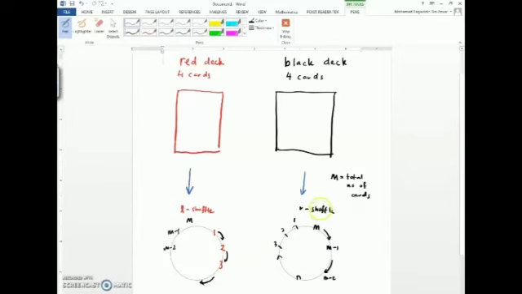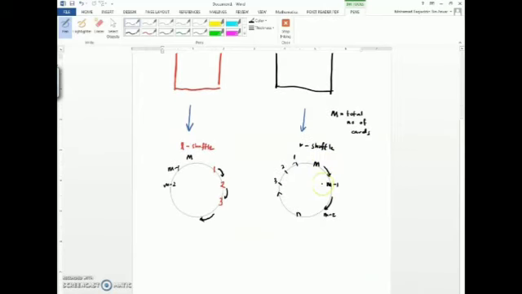If you still remember what we did in the trick, we shuffled it 11 times. So the value of L plus R will be equal to 11 movements, or 11 shuffles.